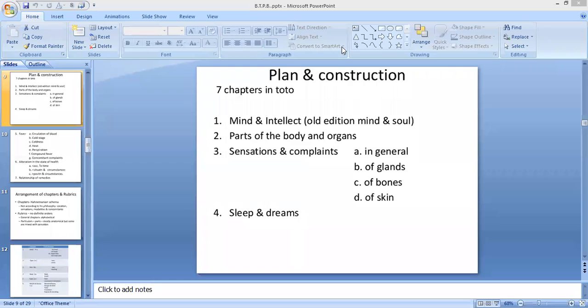So in his repertory also we found very few rubrics in the mind and intellect section. There are some misplaced rubrics also, like vertigo and unconsciousness in this section.